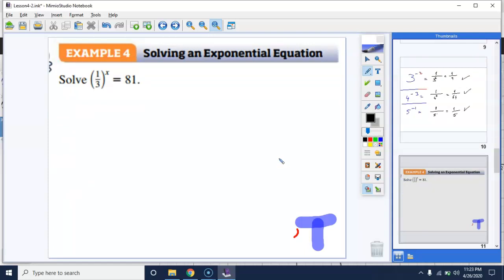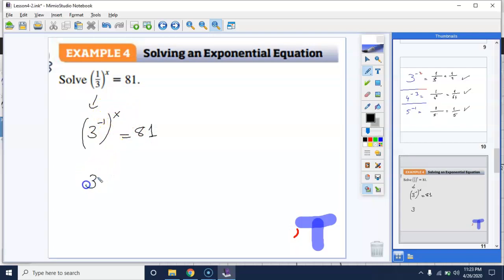Let's have a look at this one. As you've seen, we have 1/3 here. 1/3 means 3 to the negative first power, to the power x, equals 81. If you have an exponent on an exponent, you multiply them.